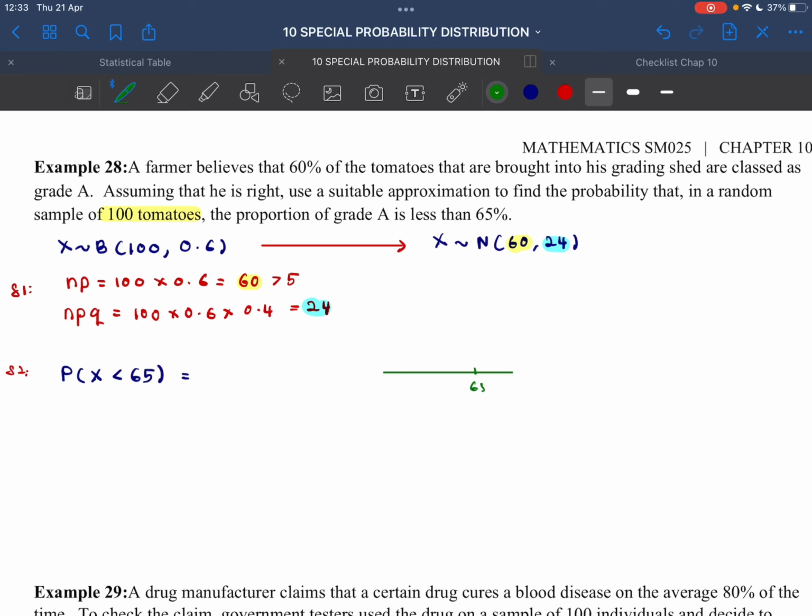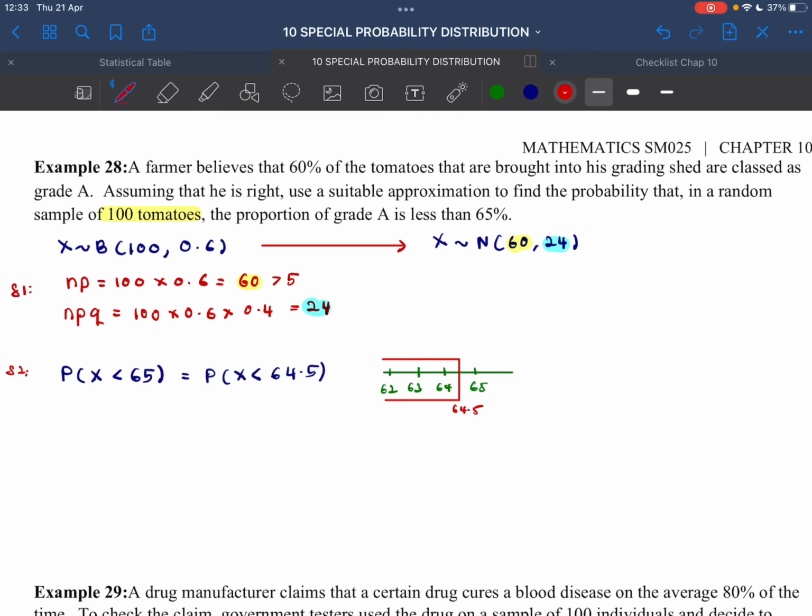We have 65, 64, 63, and so on. But the question said less than 65. So 65 is not included, so it stops from 64 to 63 to 62 and so on. So the number here will be 64.5. Just simply take this number plus 0.5. So here we change this into P(x less than 64.5). So that is your second step for continuity correction.